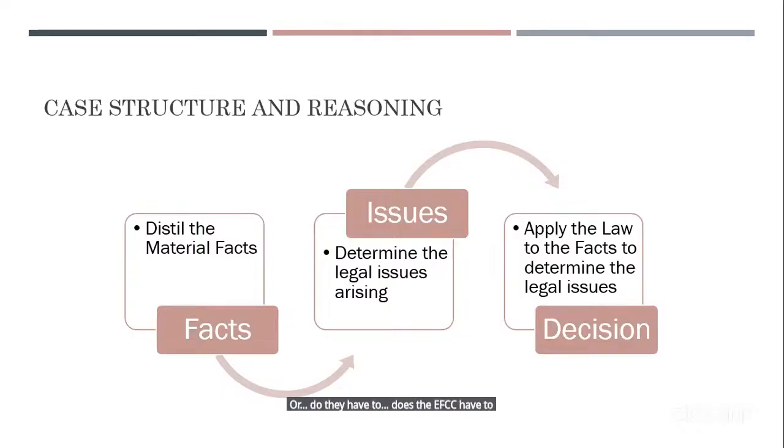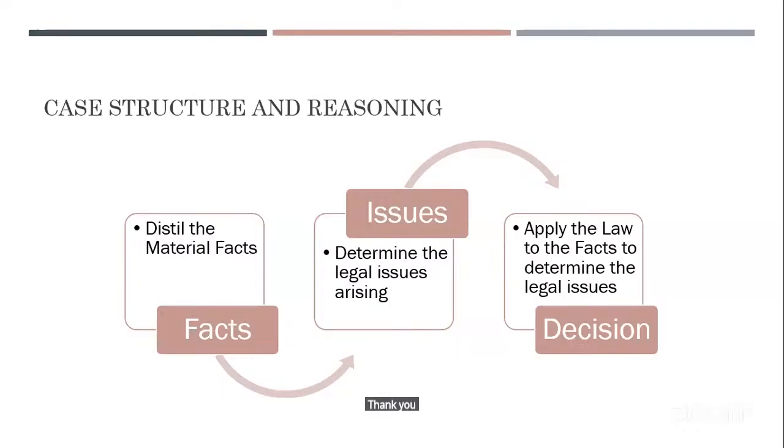Does the bank need to give permission before they will restrict the person's account and things like that? And also in the case of rape, they will look at the issues to be determined: at what time did the incident occur? Was there consent? So those are the things that the courts will be looking at, the issues.